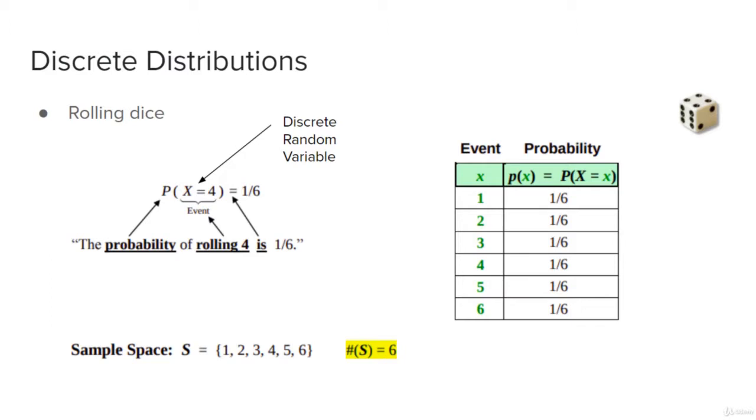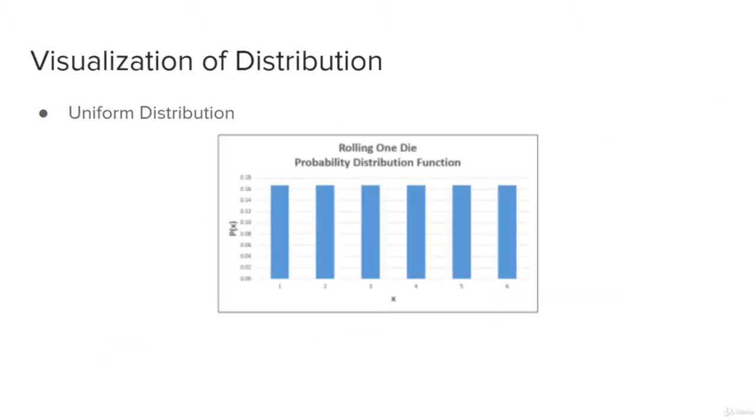In the rolling dice example, each and every value of x has an equal chance of occurring. As you can see, the probability is the same for all the different values of x. So when we visualize the distribution, it would form the shape of a uniform distribution. This discrete probability distribution is a uniform distribution type because the probability of all the events is the same.